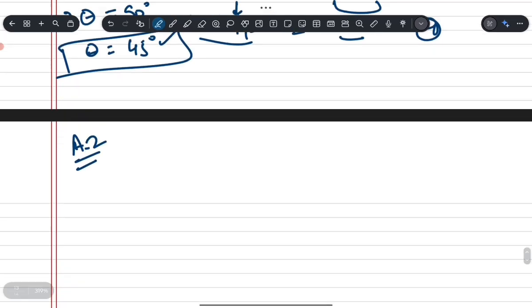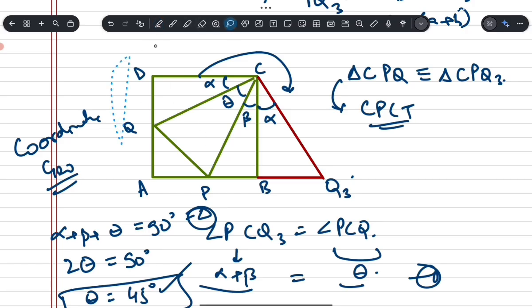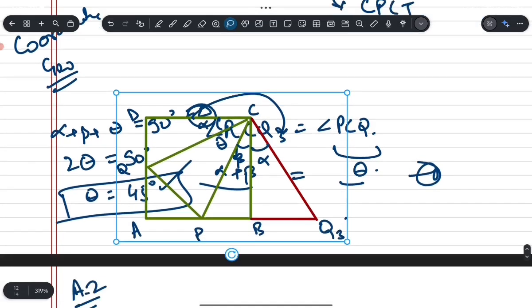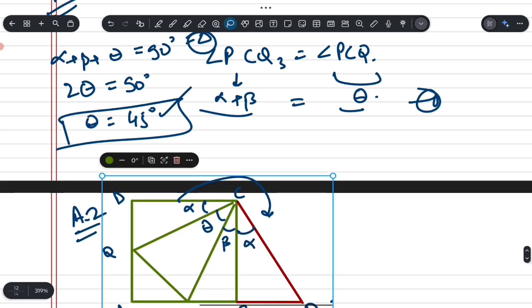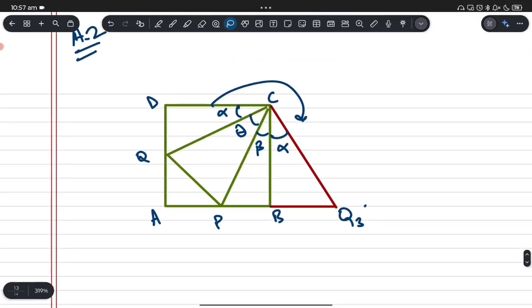I won't be solving the whole thing using coordinate geometry. I'll just give you the hint for those who don't understand how we exploit coordinate geometry in synthetic geometry problems. I'll just shift the diagram. Perfect. So what we'll do is we'll assume the coordinates of this point for our convenience as 0 0.